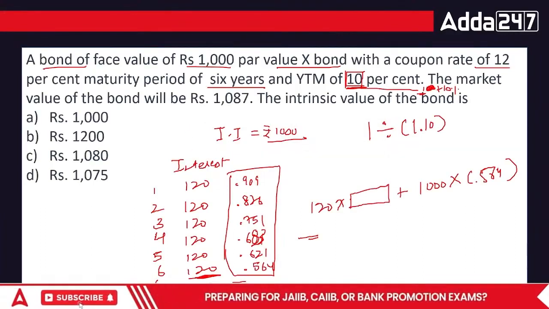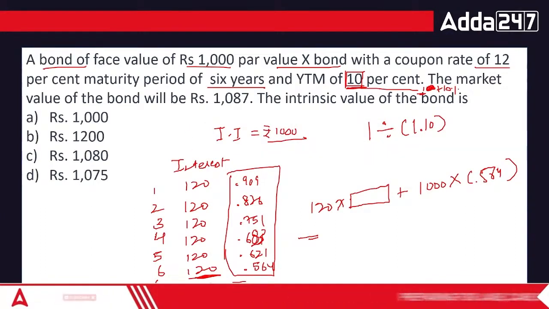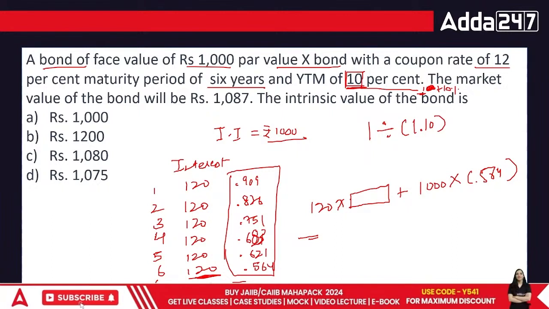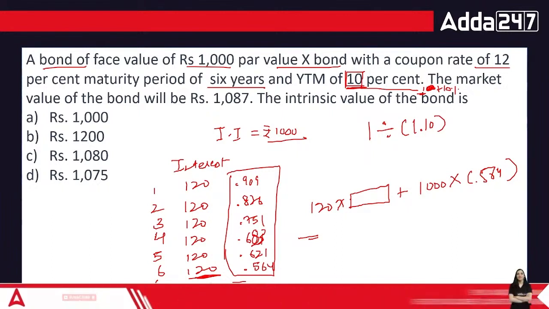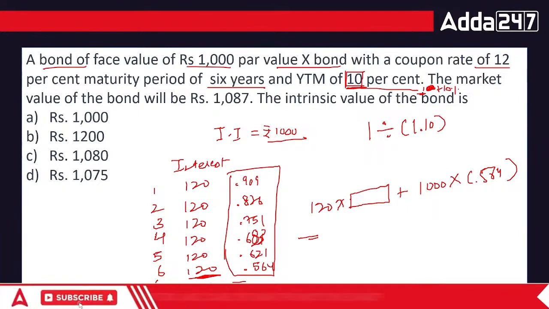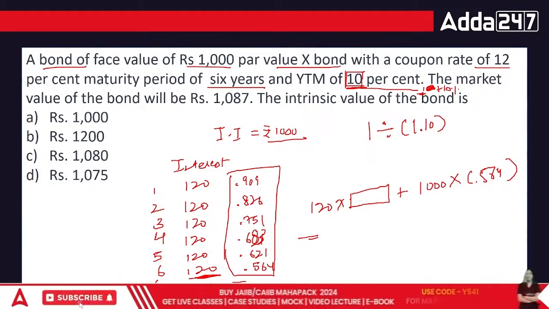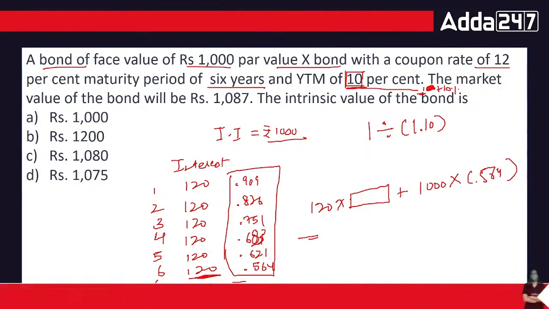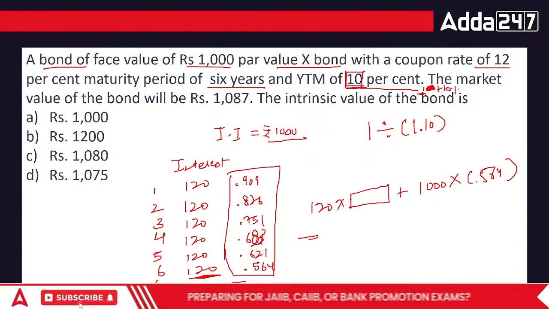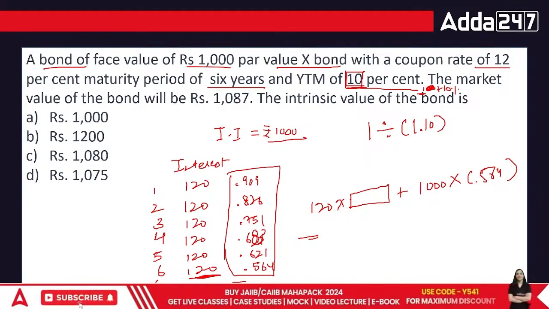Okay? So you have to add up all of these. 0.909 plus 0.826 plus 0.751 plus 0.683 plus 0.621 plus 0.564.